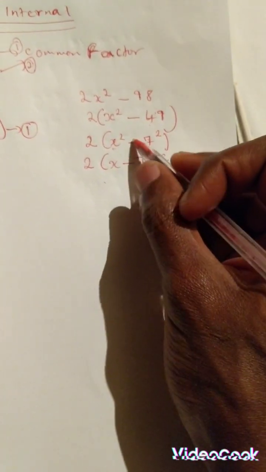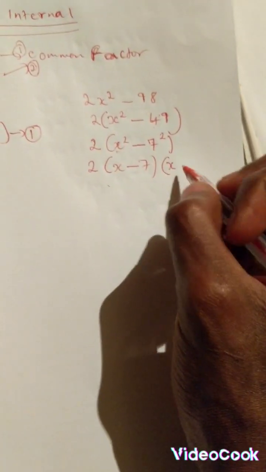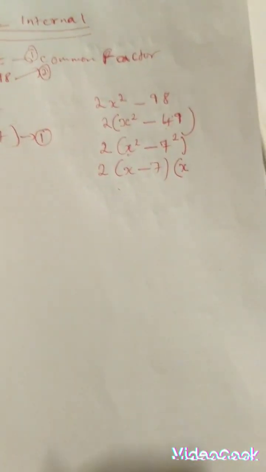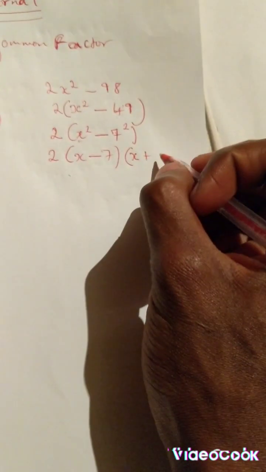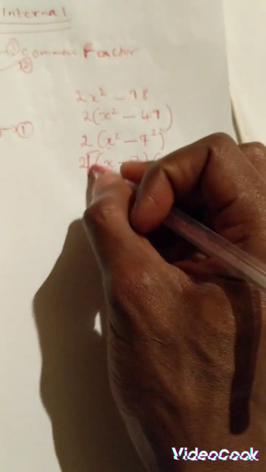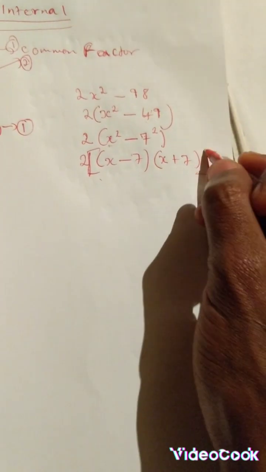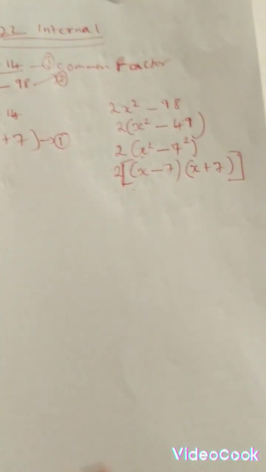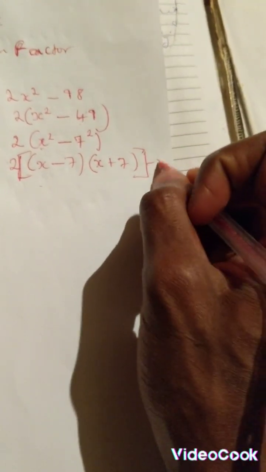Then instead of putting a minus, I'll put a plus, such that when I multiply, I'm going back to the 49, which is plus 7x. Then don't forget to put these brackets to show that 2 can multiply with everything that is here. So you collect this one, which is your second equation that you have found.